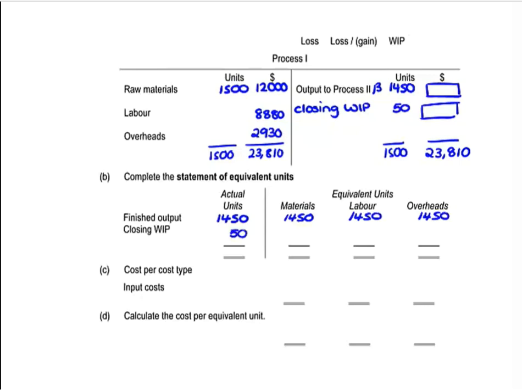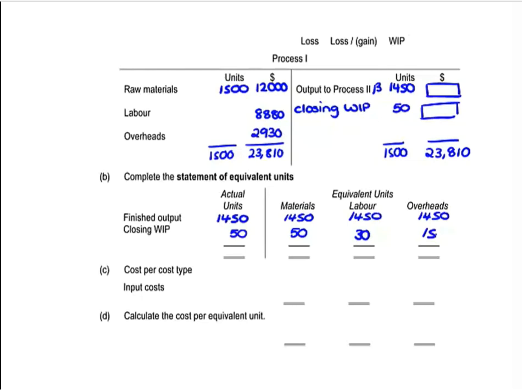The work in progress, though, was 100% complete for materials, but only 60% complete for labour. So 60% then of 50 is going to be the equivalent of 30 units. And for overheads, it was 30% complete. So 30% of 50 is 15. So that's the equivalent of 15 units.